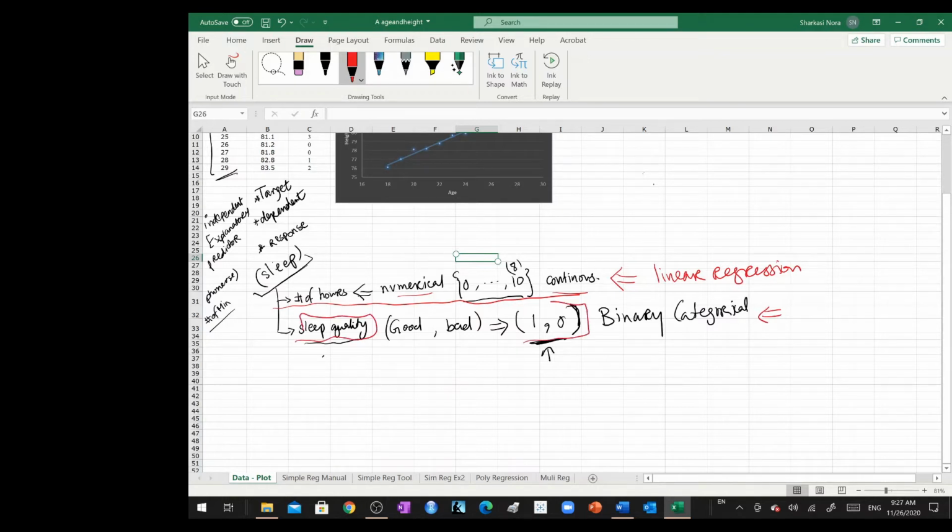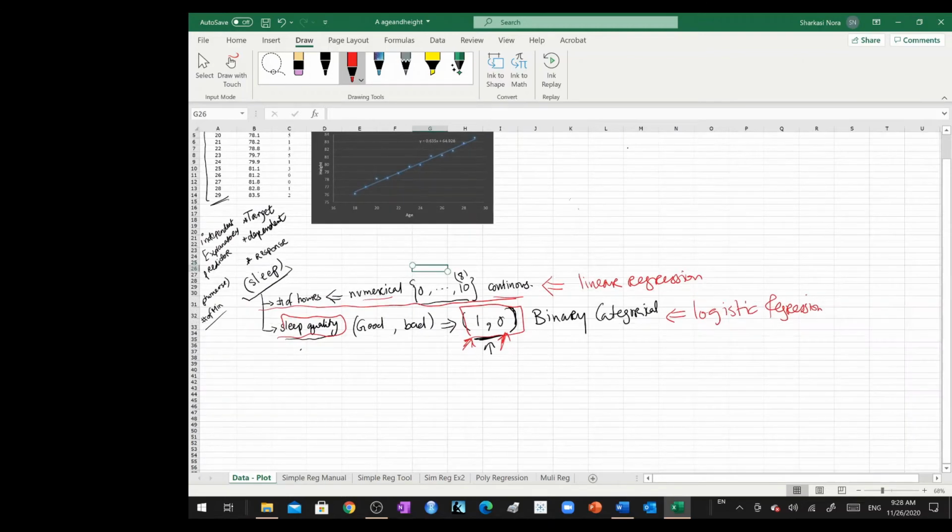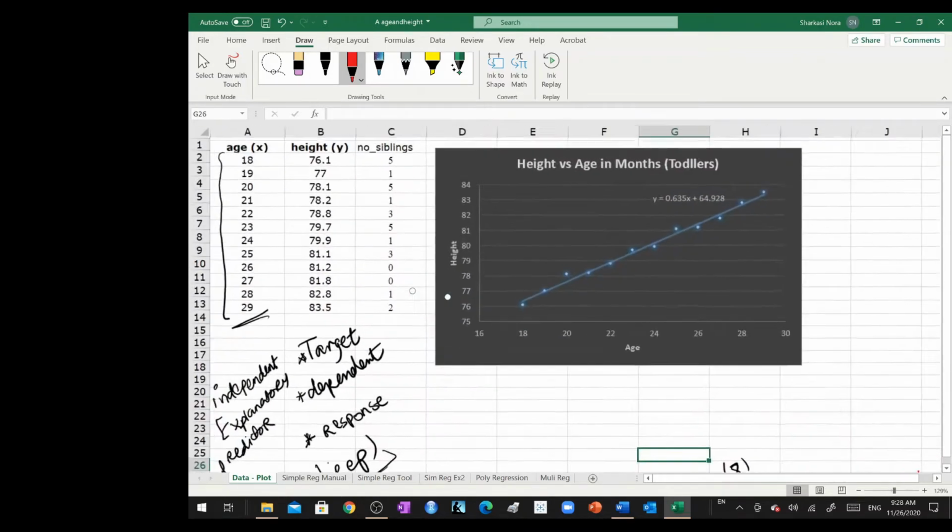If the variable over here, sleep quality, is measured in terms of binary, 1 or 0, then this will be the best technique to predict this value, either as 1 or as 0. For this, we will use what we call logistic regression. So this is the first step toward understanding when to use linear regression.